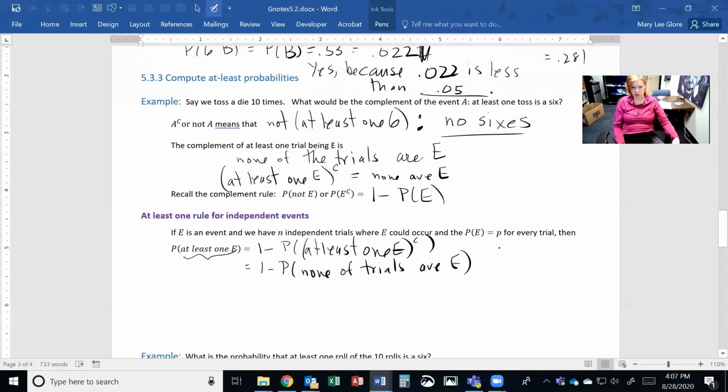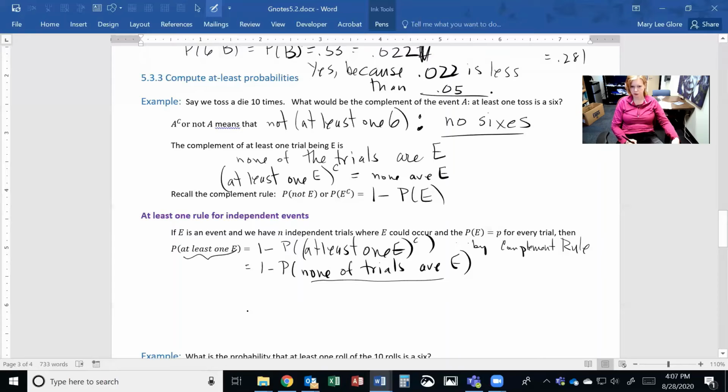And this is by the complement rule. This is just saying, what is the complement of this event?